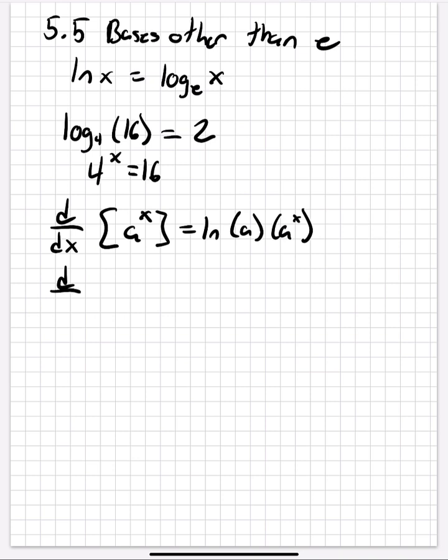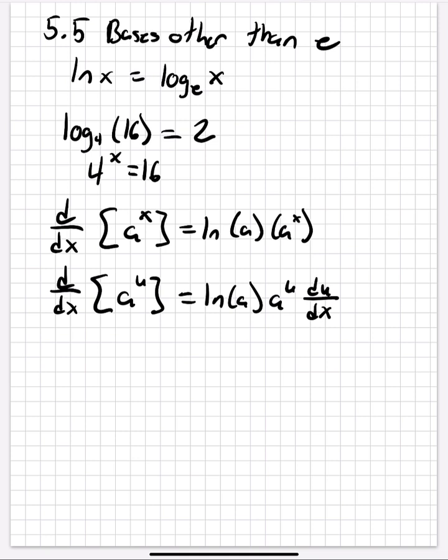In a similar situation, if we have something other than just plain old x, so we'll say u, then that is the natural log of a times a to the u, and then I have to do the chain rule.